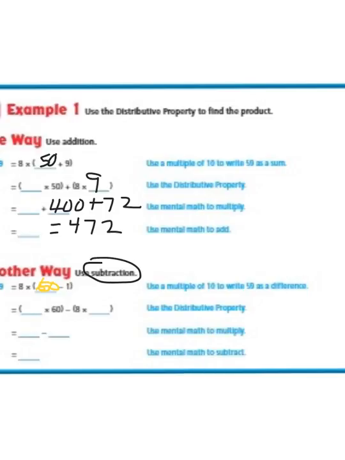So 8 times 60 minus 8 times 1 equals 480 minus 8 equals 472.